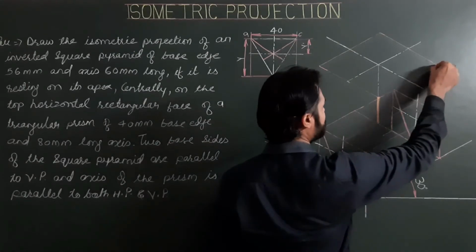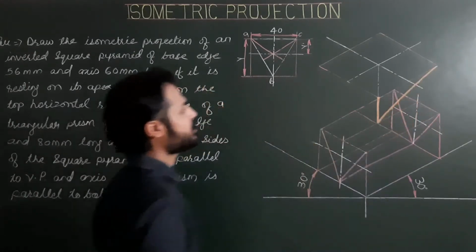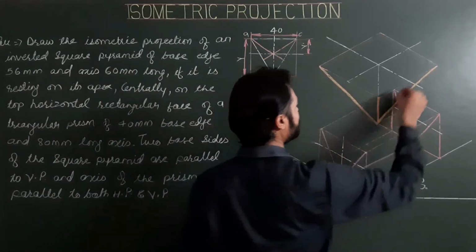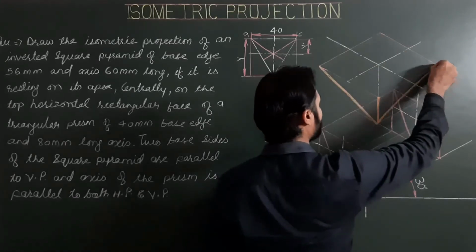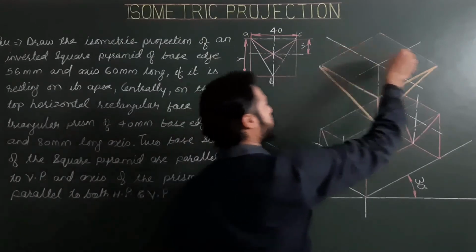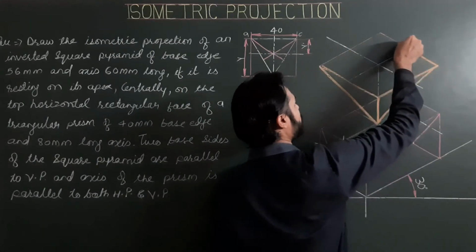First generator, second generator, third generator, and the fourth one is hidden. And the upper base, the square base, is fully visible.